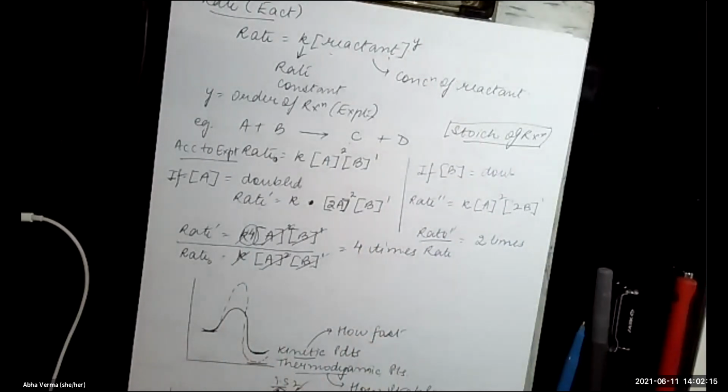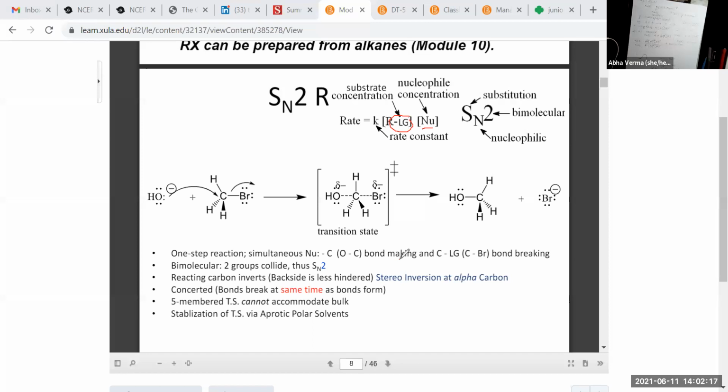So SN2, on the other hand, is a bimolecular nucleophilic reaction where both the concentration of the substrate and the nucleophile are important. Now, when you're looking at a SN2 reaction, if you understand the transition state and the 5-membered transition state that it has, you will be able to make your substitution determination life very easy.